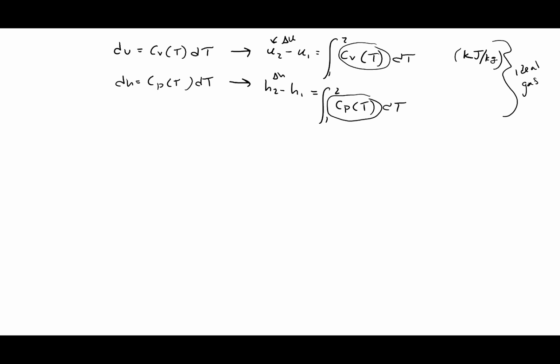There are a few different ways that we can get these relations. First of all, there are analytical expressions for C sub V of T and C sub P of T given as third order polynomials. So we can look up an analytical expression for C sub V of T and C sub P of T.